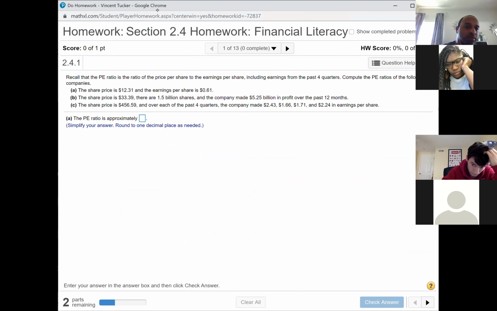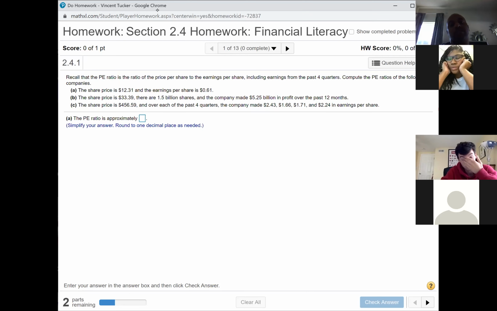Mm-hmm. That's the number right there. My numbers are different because I already created notes for this. I'm just showing you how the problem is set up in my math notes. Yep. So in this case, if I were to use these numbers, I would add up 2.43, 1.66, 1.71, 2.24, and then divide that number into the 456.59.